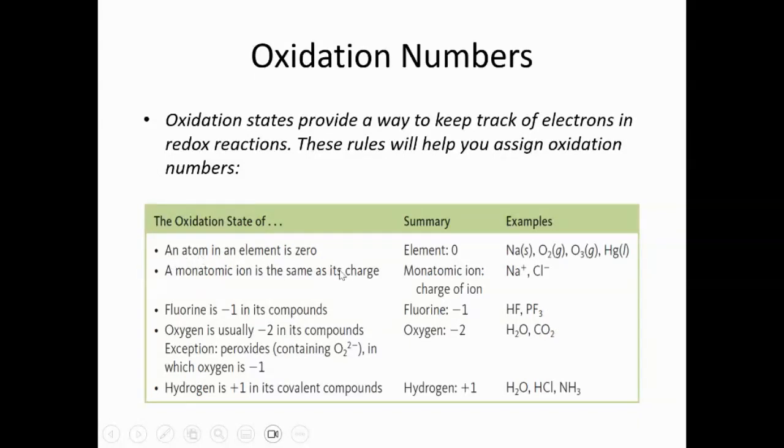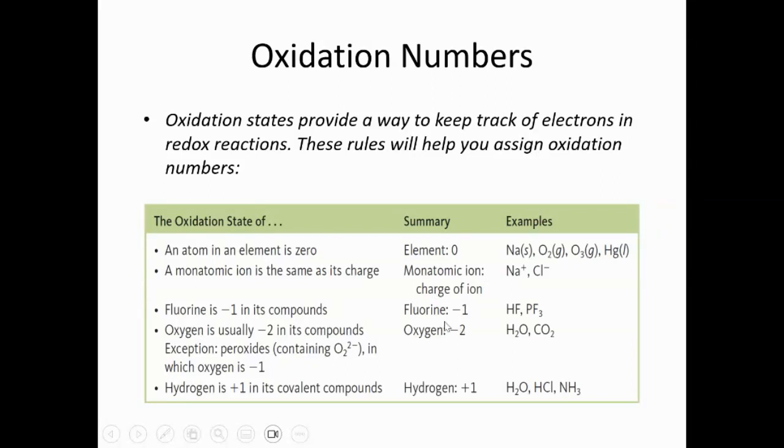First of all, an atom in an element, its oxidation number is always 0. Some examples are sodium, oxygen, ozone, and mercury. If I have charged species, the charge on the species is going to be the oxidation number of those species. If I have a sodium ion, the oxidation number is +1. Chloride ion, oxidation number, -1.